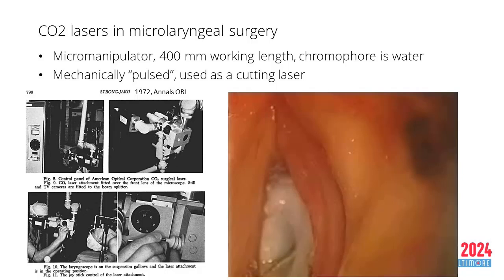Lasers in microlaryngeal surgery started decades and decades ago, in the 1950s and 1960s, initially with the carbon dioxide laser. Here are some early pictures of those carbon dioxide lasers, and I know people who had worked with the group in Boston, Drs. Vaughn, Strong, and Jako, who first started using carbon dioxide lasers attached to a micromanipulator fired through the laryngoscope to reach the larynx, with a 400 millimeter micromanipulator focal length.